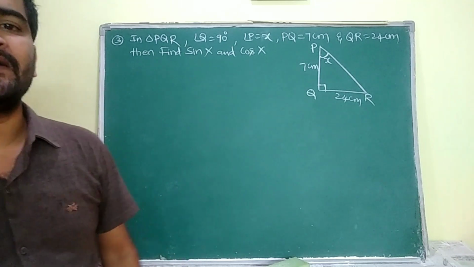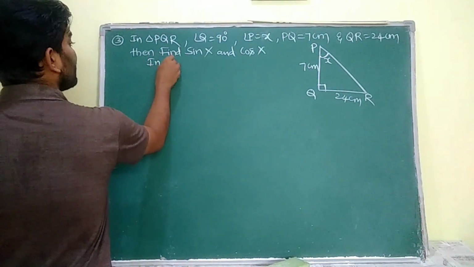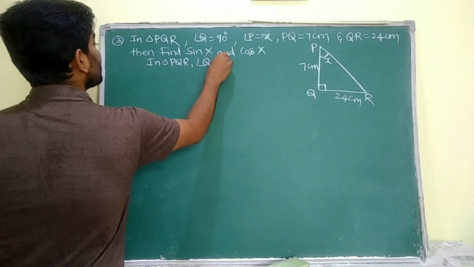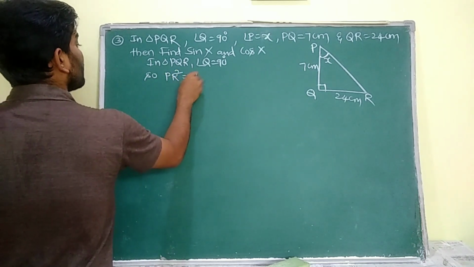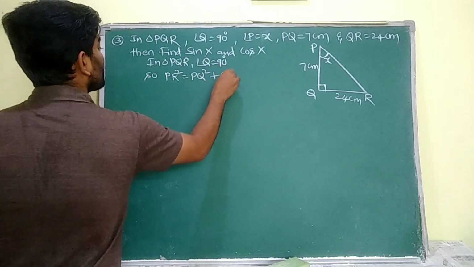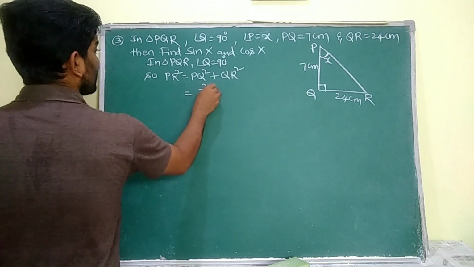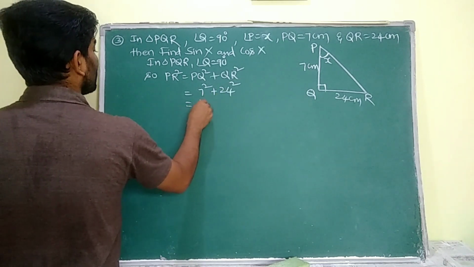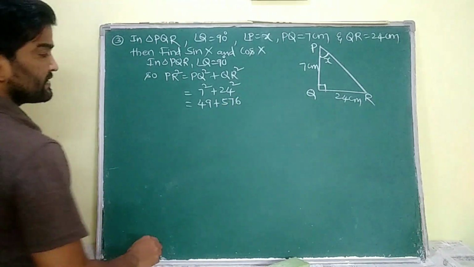Else, if you want to find it by using Pythagoras theorem, then see ma, in triangle PQR, angle Q is equal to 90 degrees. So, PR square is equal to PQ square plus QR square ma. PQ square means what? 7 square plus QR square means 24 square. It is 49 plus 576 ma. Okay na.